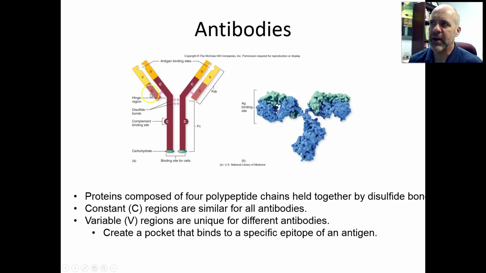Then notice here in the reddish shaded colors, these are areas of antibodies that are essentially the same for any antibody. Those are called the constant regions, so they're going to look the same on any antibody molecule. Here at the tips of the antibody, though, is where you have your variable region.